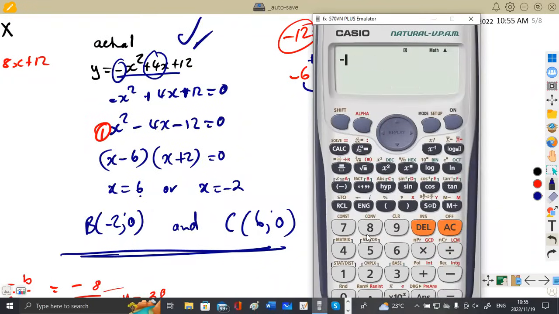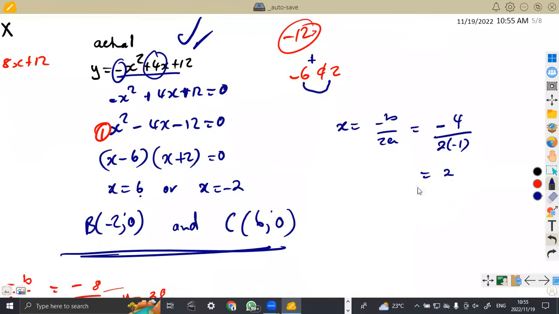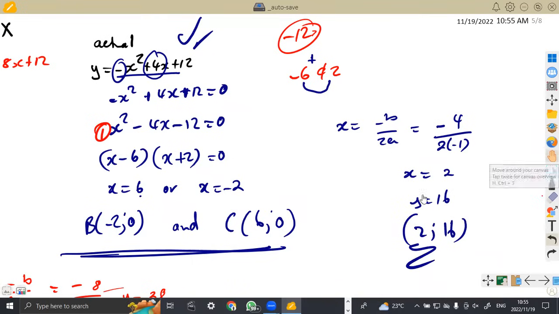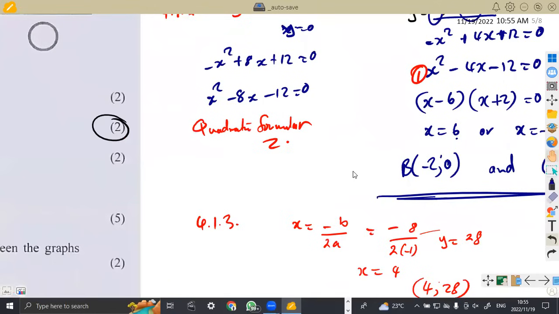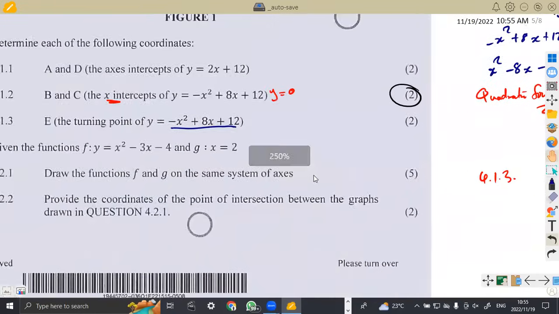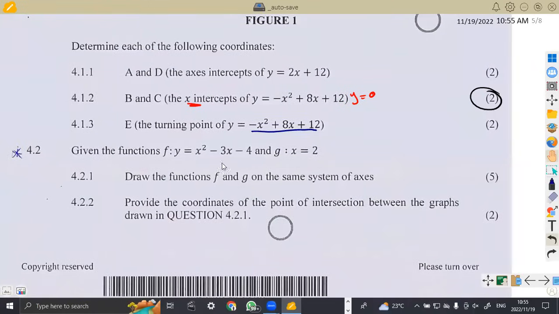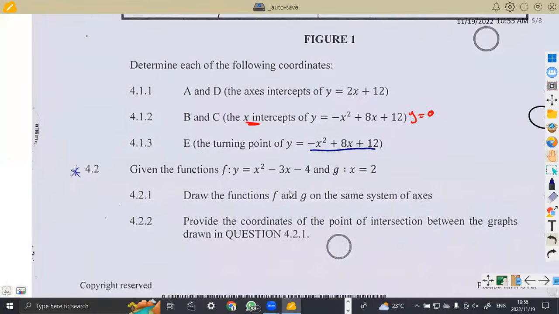So it was going to be negative 2 squared plus 4 times 2 plus 12. All right, that's plus 12. Okay, so it was going to be 16. So if x is 2, y was going to be 16. So the point was going to be (2, 16), if you use the actual equation. But if you had to work with that equation, which you said is wrong, therefore, you're going to obtain another point which is different from what we have on this one.